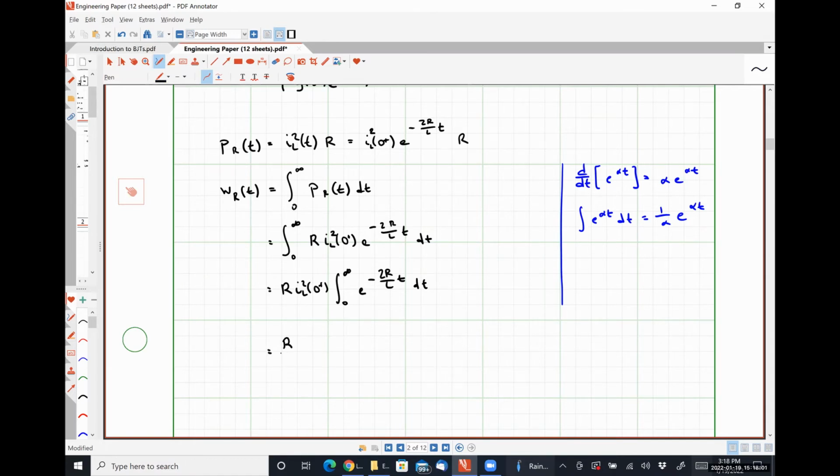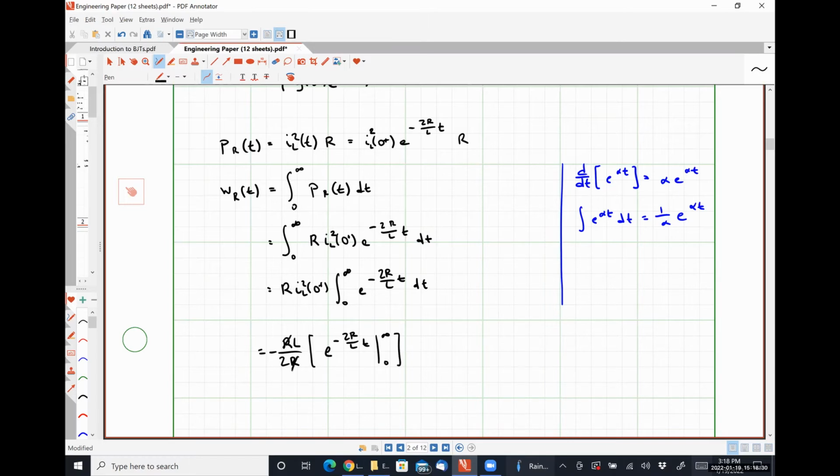r over 2r, needed my negative sign, and L should be in the numerator. And then we have e to the negative 2r over L times t, evaluated at infinity and 0.